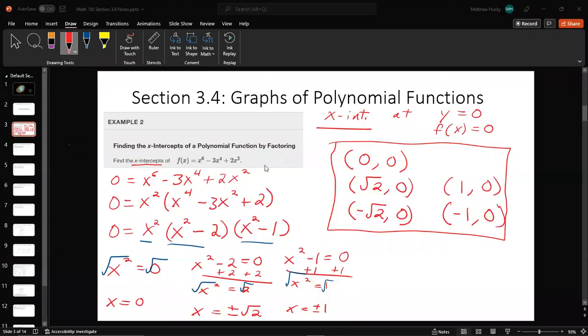But what I'm showing you is a way to do it graphically so that you don't necessarily have to be a master at factoring, because there are other ways to track down the answers you're looking for. So that's how you can use the graphing calculator to find the x-intercepts that you are after.